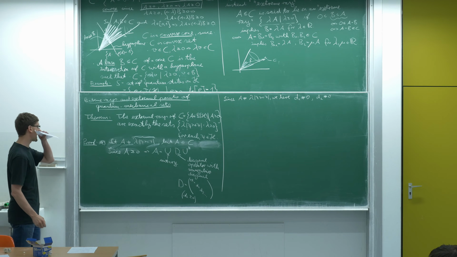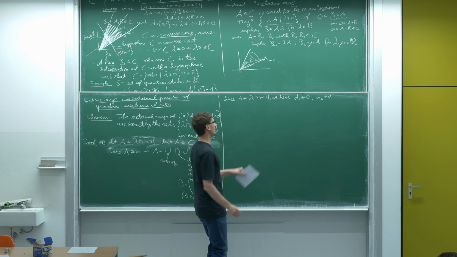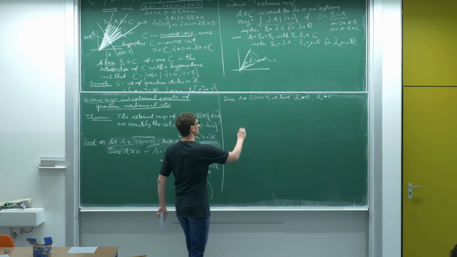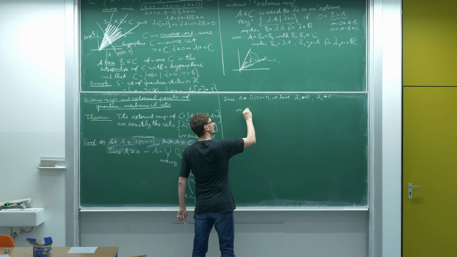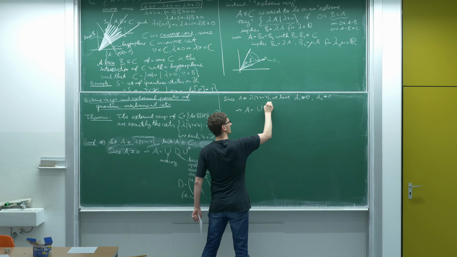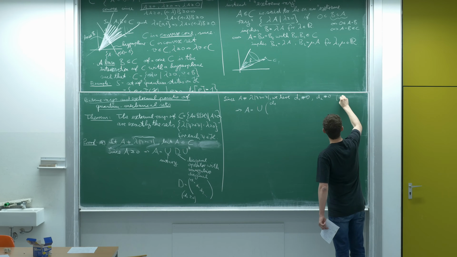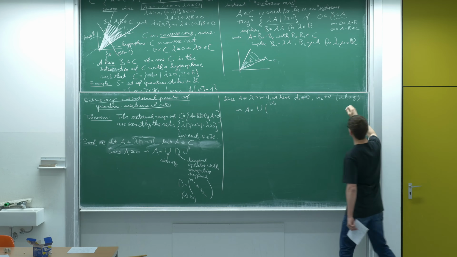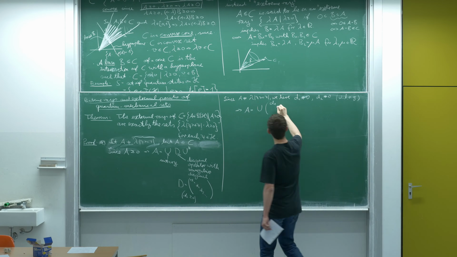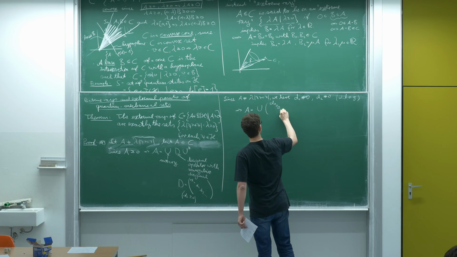Okay? So if A is not of this form, we can write it in the following way, without loss of generality, using the first two elements of this vector.